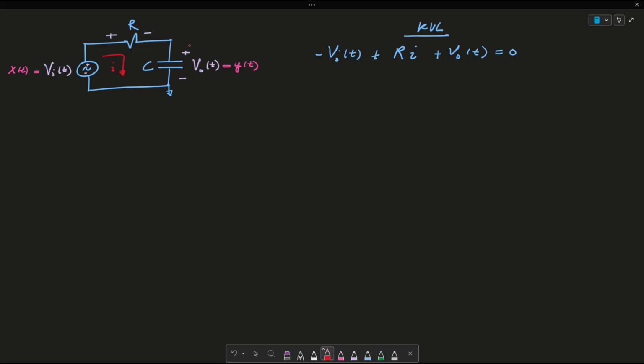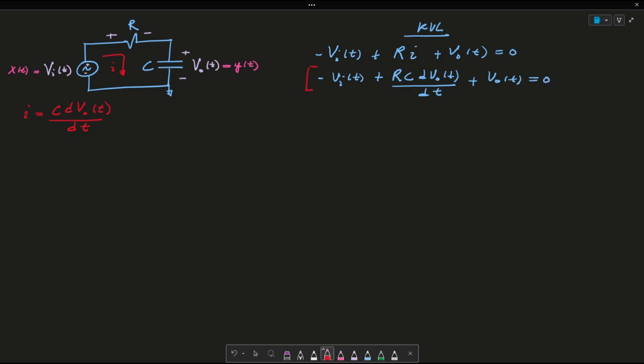If I consider that the current across this capacitor, I, is equal to my capacitance times the change in my voltage output, C dV out of t over dt, I can substitute this I here. So then this becomes minus Vi of t plus R times C dV out of t over dt plus V out of t is equated to 0.